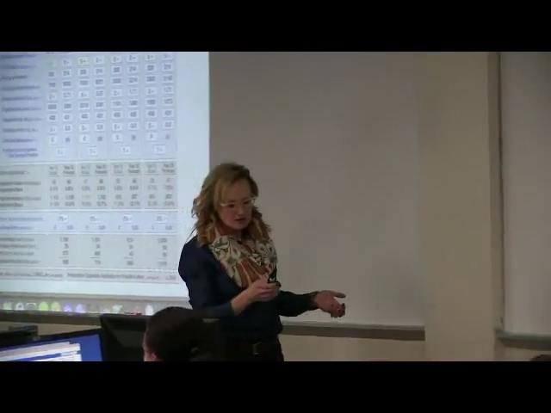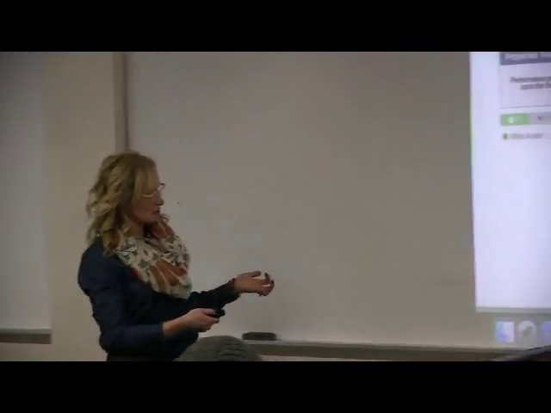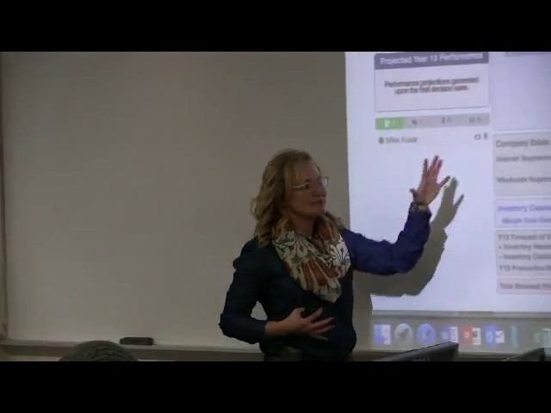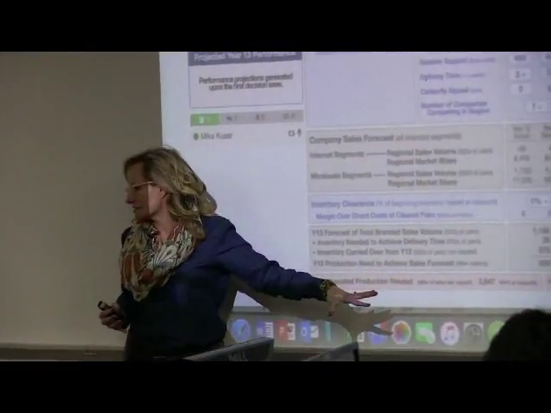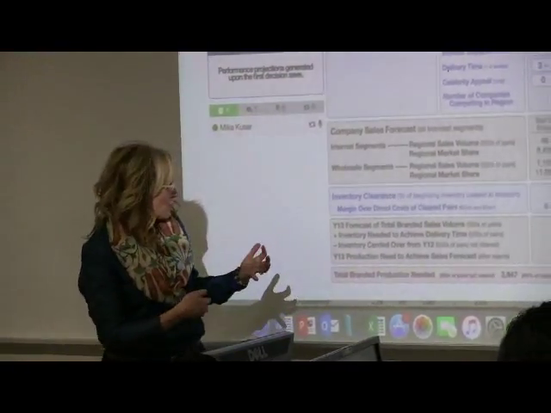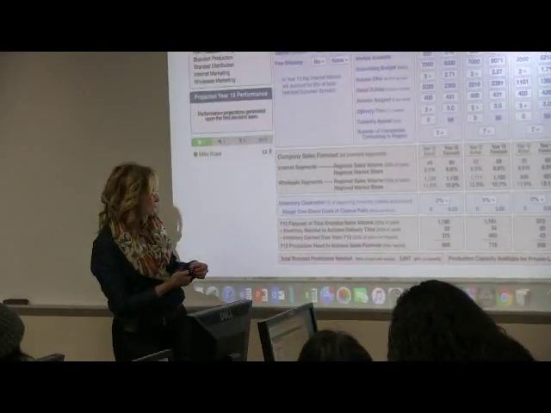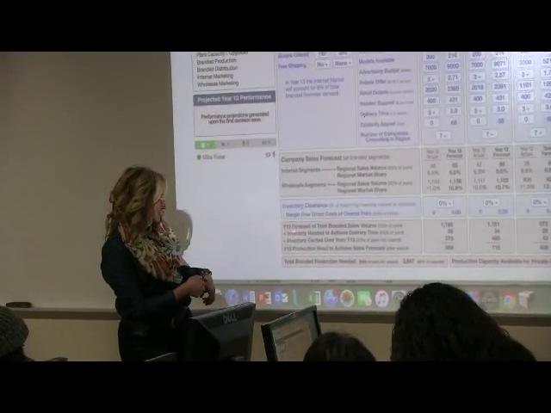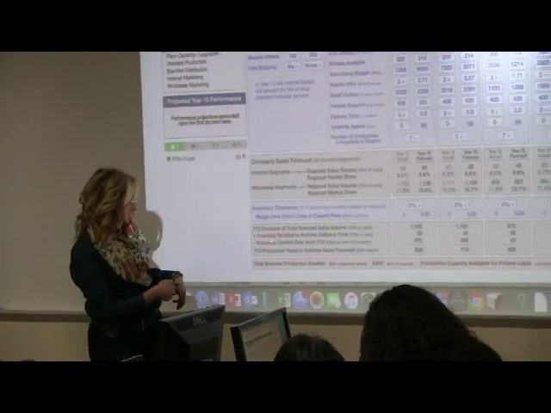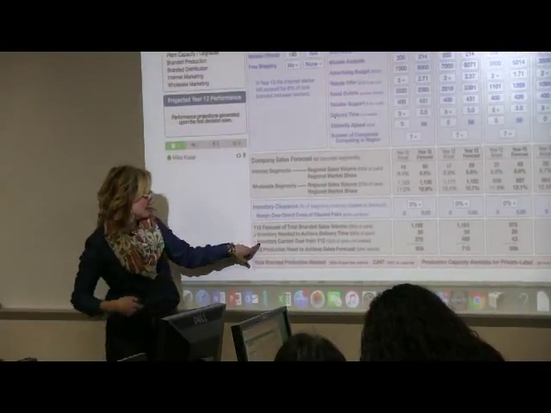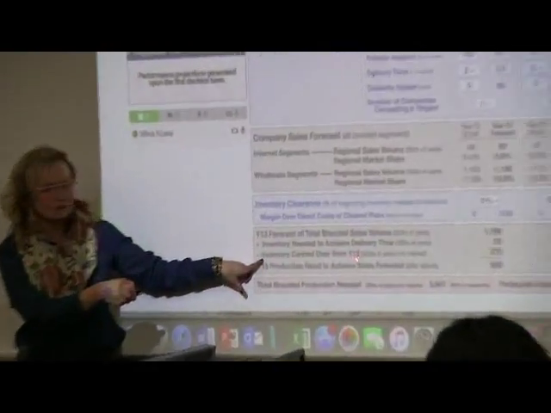Okay, so this is the first screen, by the way, that I look at when I get into my decisions. Your remaining inventory is, where is it? It's this inventory carried over from year 12.